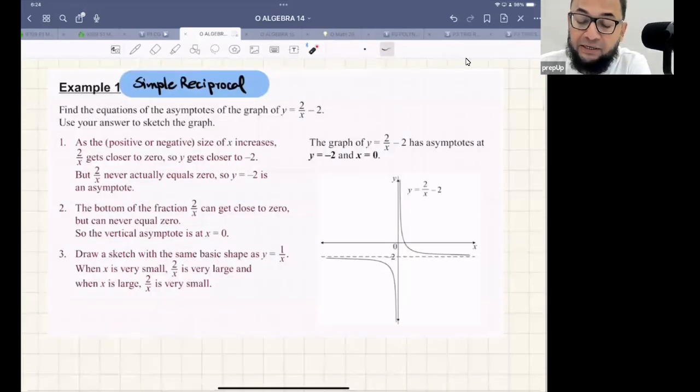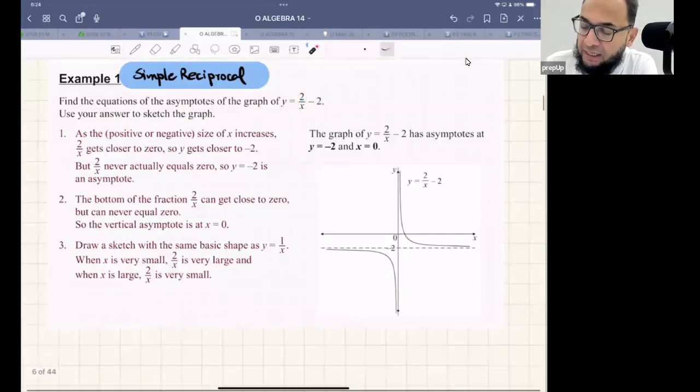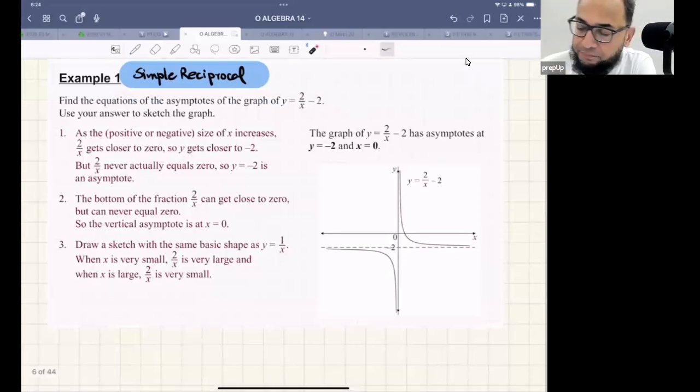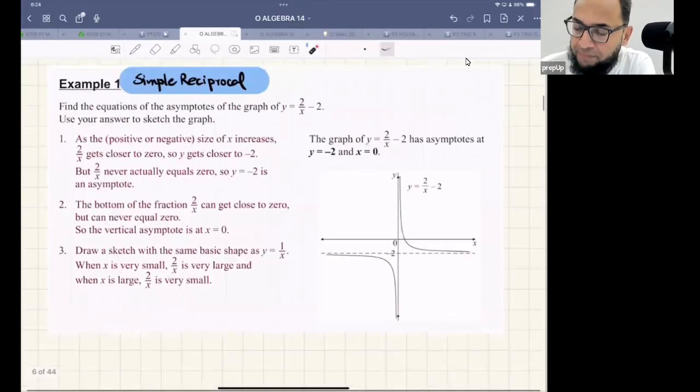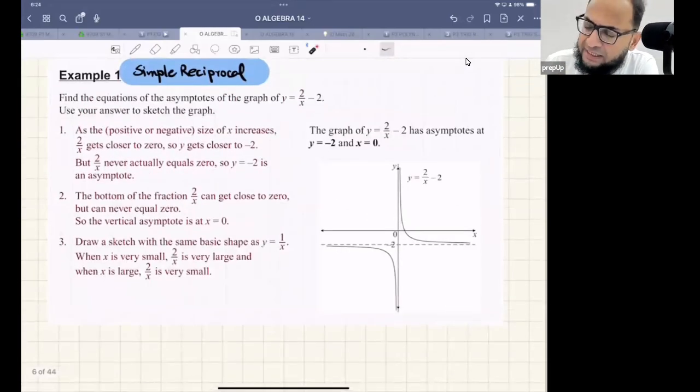Over here, simple reciprocal but with a movement. Find the equations of the asymptotes of the graph y equals 2 over x minus 2. Use your answer to sketch the graph. Now, what we will do over here is apply a method. Right now, let's say there is a table of values, so we will draw a table of values and plot it.